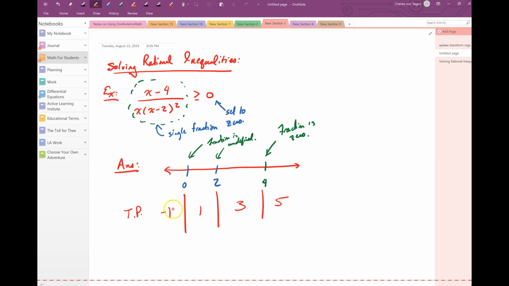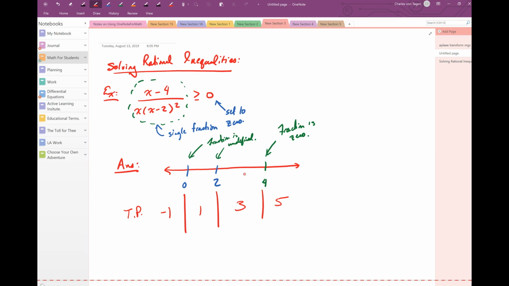But I could have picked any value, for instance here I could have picked 3.5 or 3.6 or even pi if I so chose, because it doesn't matter which value I pick. The fraction behaves the same in terms of sign for any value within the subinterval.